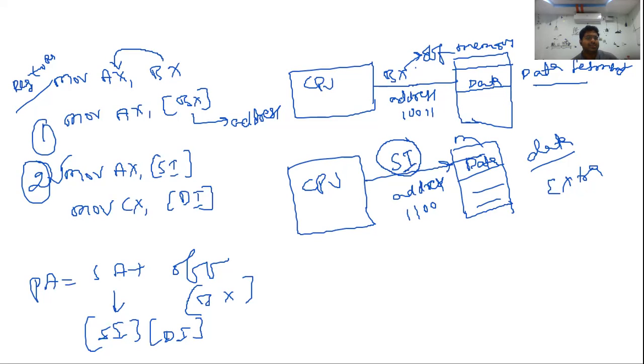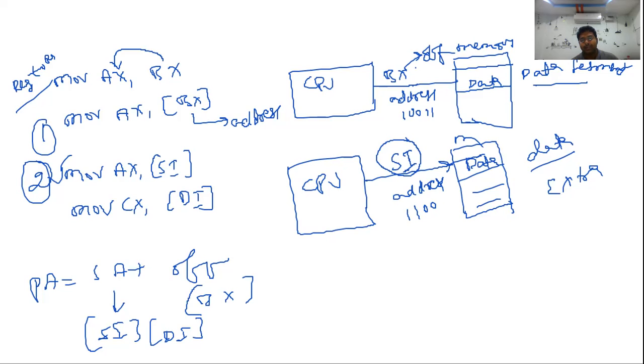Okay, see this. With SI and BX, the difference is here: two addresses we are representing, SI and BX. What is the difference between MOV AX, BX and MOV AX, SI?